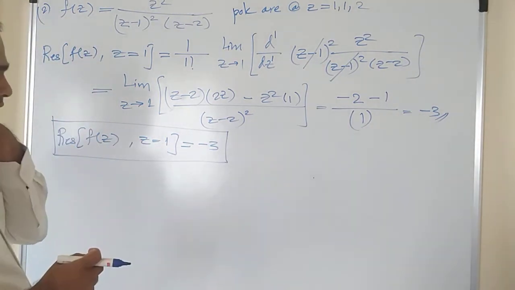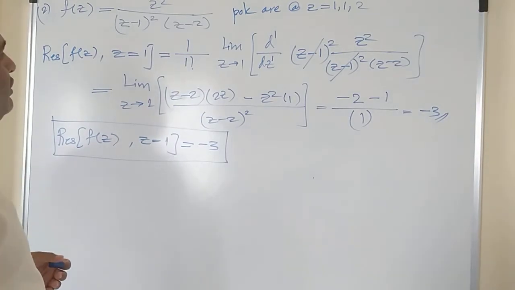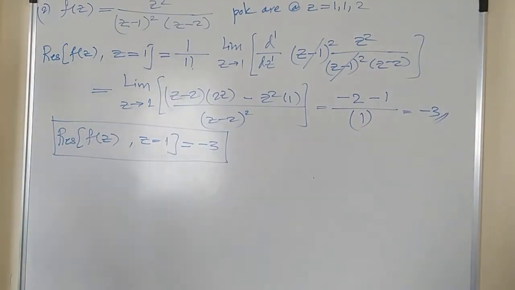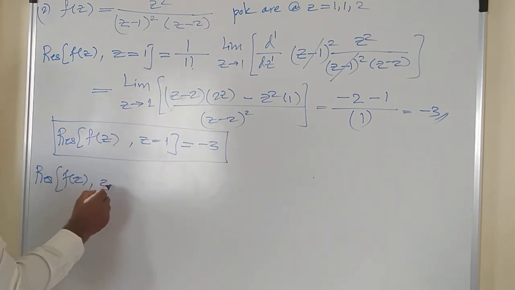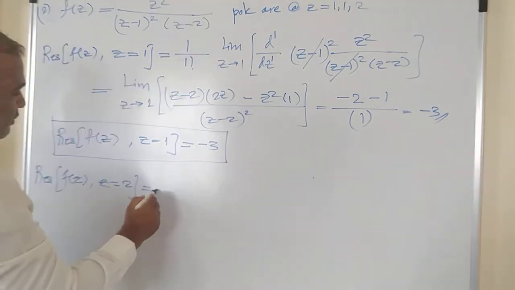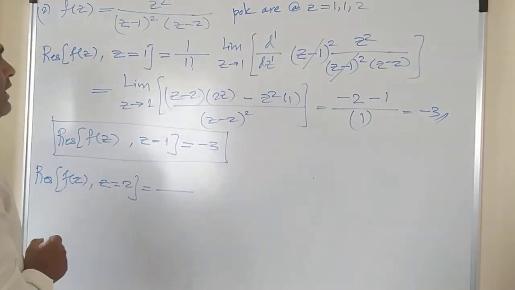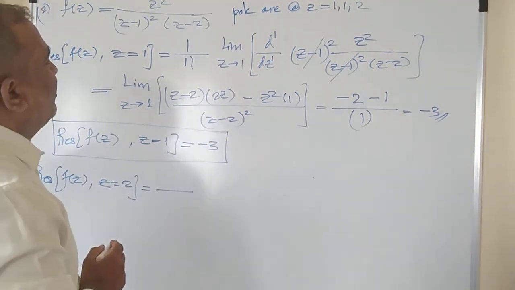Similarly, do calculate the residue for the other pole at z equals 2. So the residue of the function f of z at z equals 2 will be equal to 1 upon n minus 1 factorial.